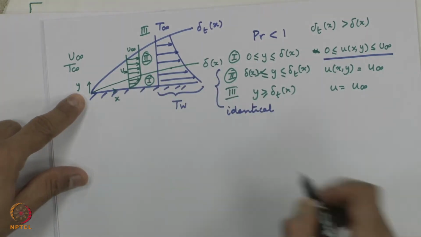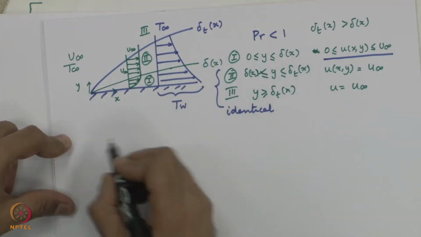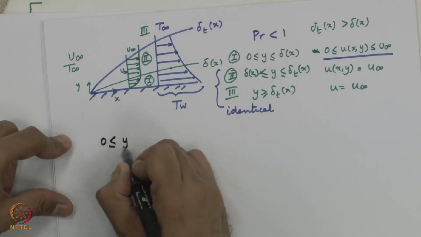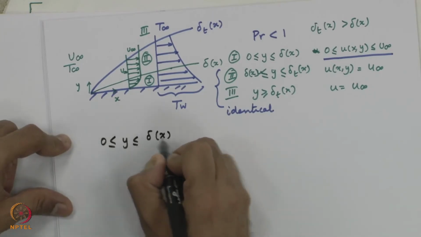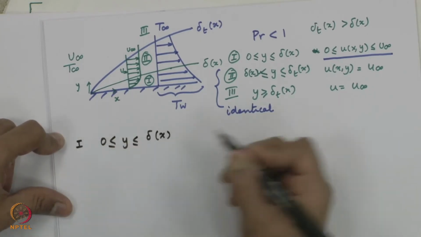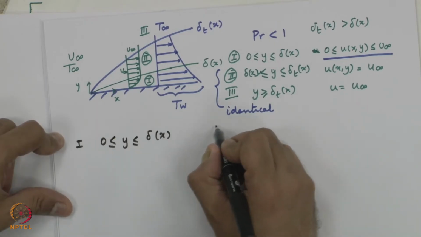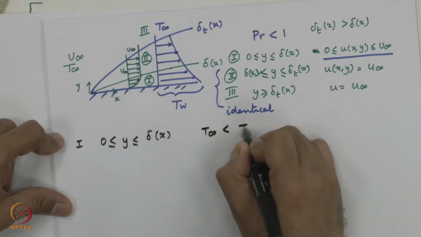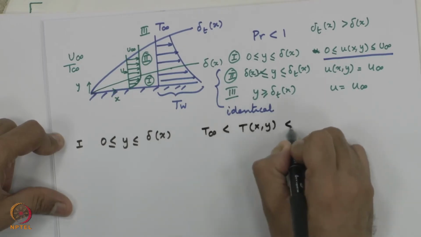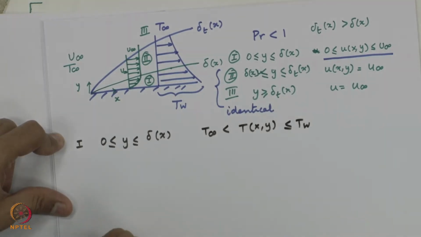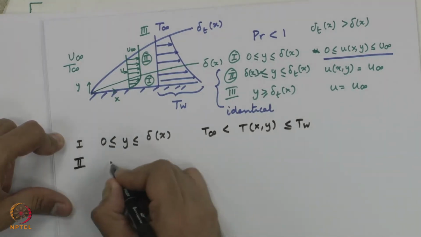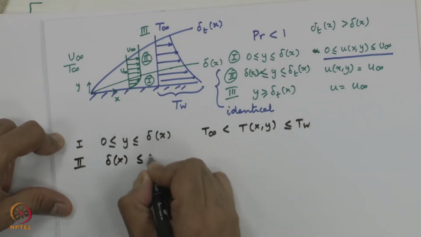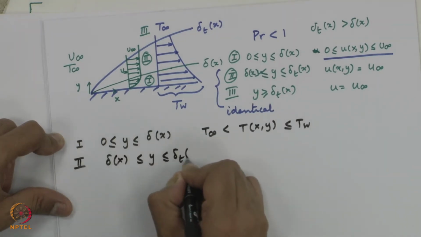Okay. Now, if I write for the heat transfer part, 0 less than y less than delta of x, region 1, temperature is varying. T infinity less than T of x comma y less than or equal to Tw. Region 2, delta of x less than or equal to y less than or equal to delta T of x.